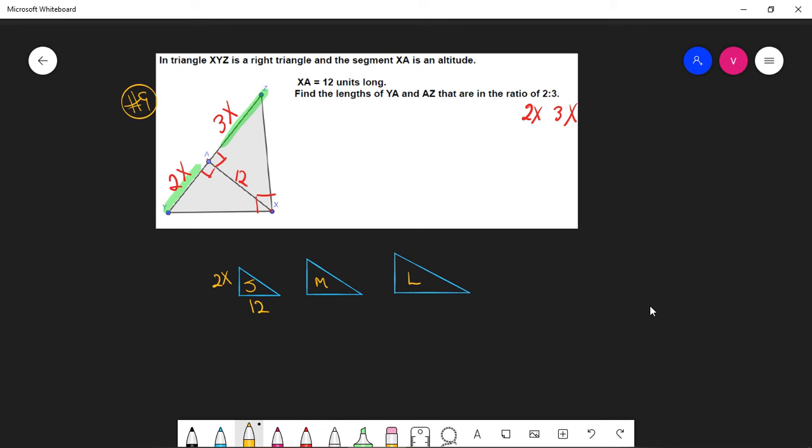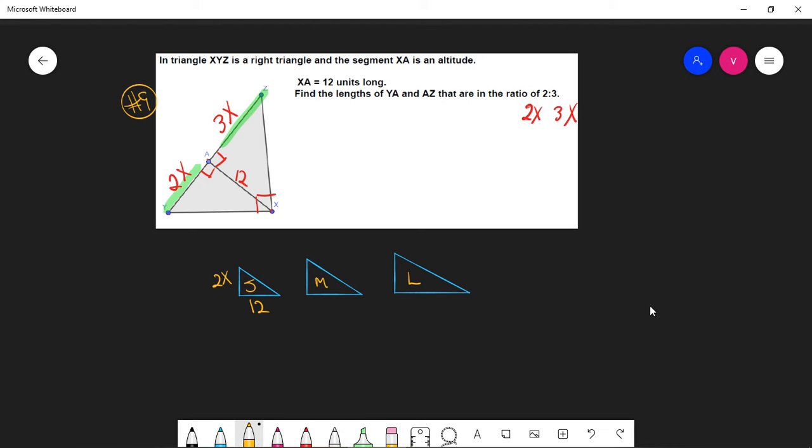Okay. And then we have a medium triangle right here. So on this one, it's hard to see with this triangle because it's not very obvious, but you'll just have to take my word for it. That's why I'm helping you out on this one. This is now the short leg, and this is the longer leg here. Okay, so we'll just write that down.